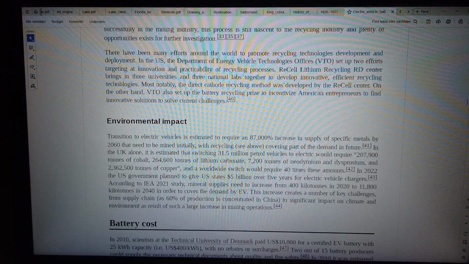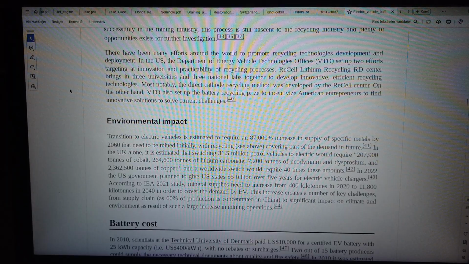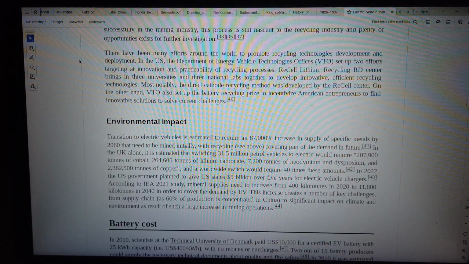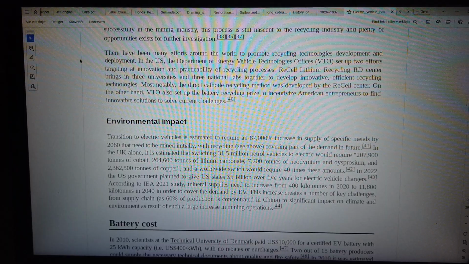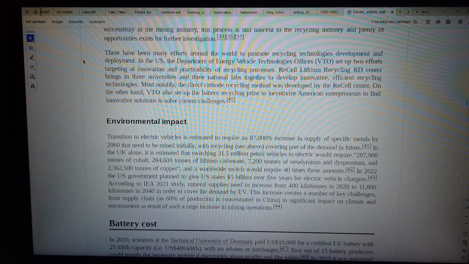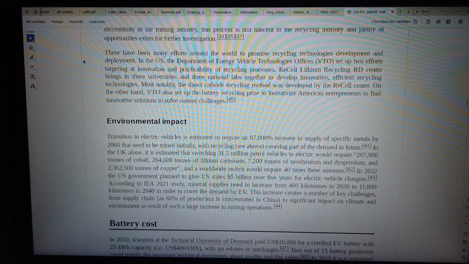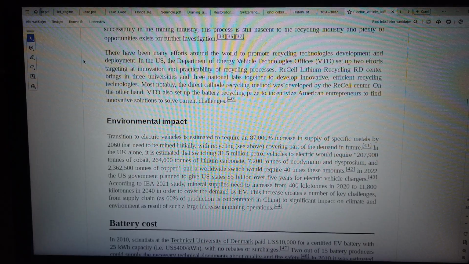33, 35, 37. There have been many efforts around the world to promote recycling technologies development and deployment. In the US, the Department of Energy Vehicle Technologies Office, VTO, set up 2 efforts targeting innovation and practicability of recycling processes.